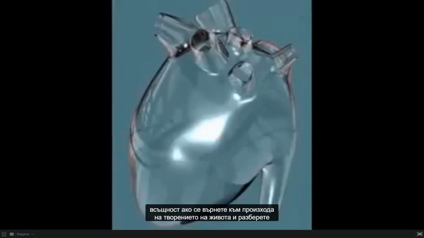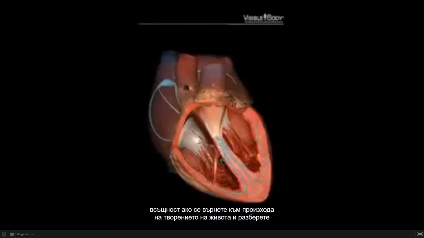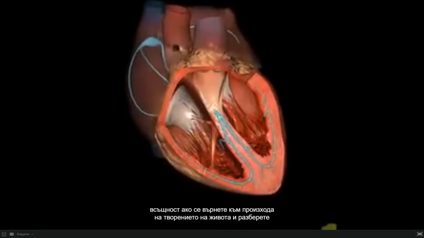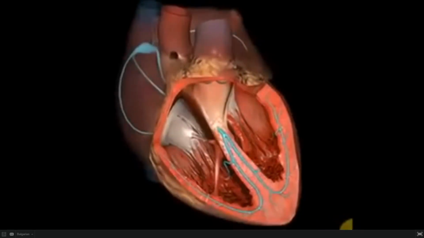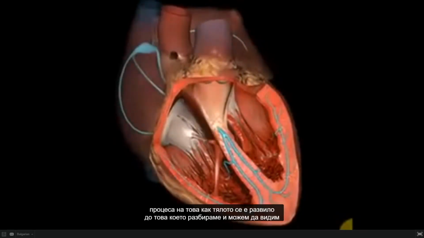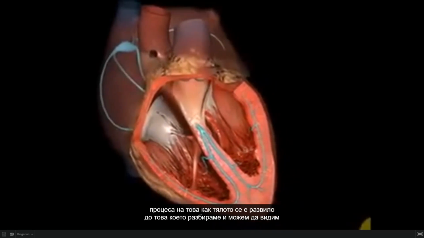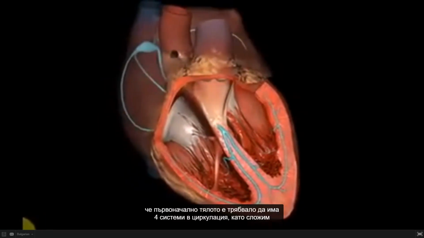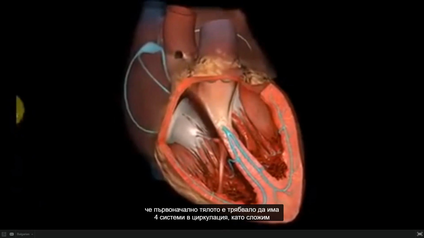In fact, if you go back to the origin of the creation of life and understand how the body has evolved to what we understand and can see, the body originally must have had 4 systems in circulation.